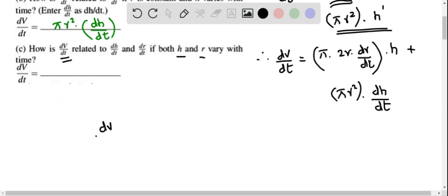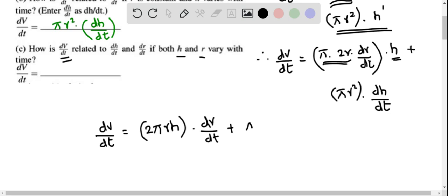We get dv by dt, and this equals, I have pi times 2r as well as multiplied with h. So I can put this as 2 pi r h multiplied with dr over dt, plus here I have pi r squared times dh over dt.